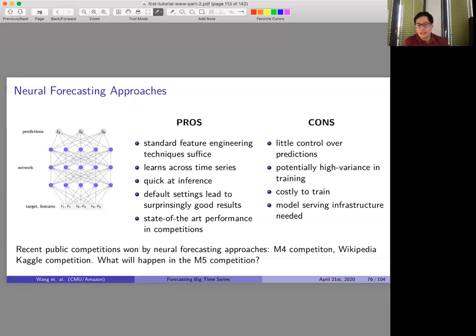However, summarizing it, in many industrial applications, neural networks are the state of the art. And this has been reflected in recent competitions. For example, Kaggle competitions on Wikipedia web page hit data, and the M4 Makridakis 4 competition that was also won by a neural network, or more completely said, a neural network with an exponential smoothing component in it.